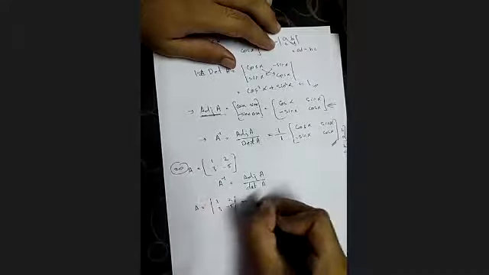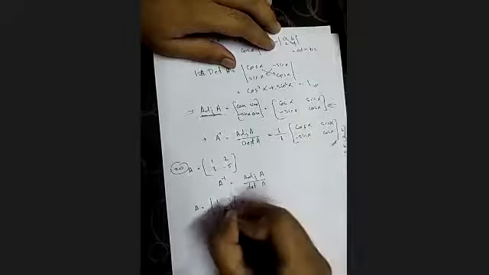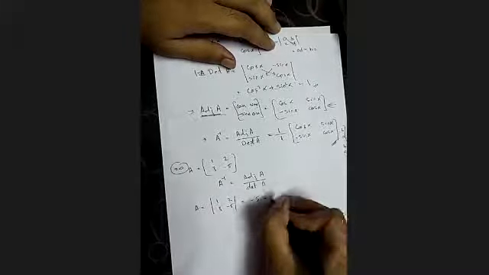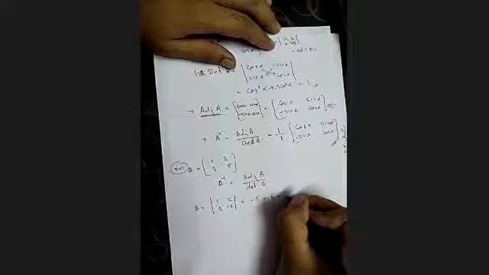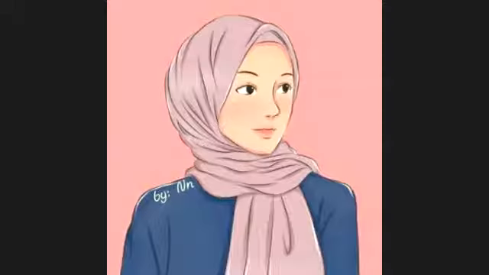Minus 5 into 1 is minus 5, minus 3 into 2 is 6. That will be minus 11. Very good.